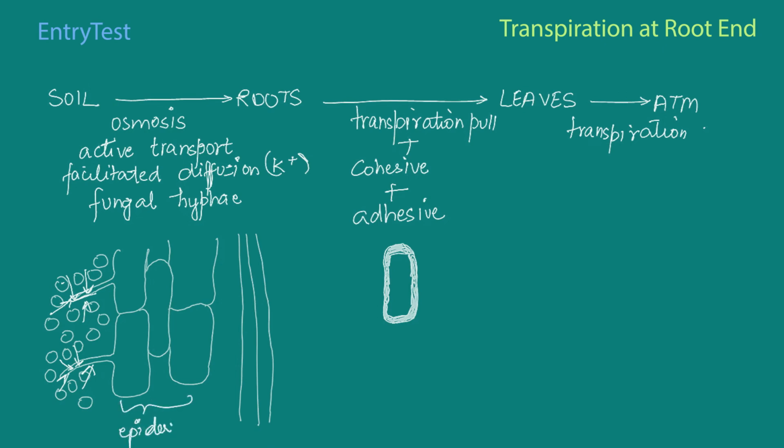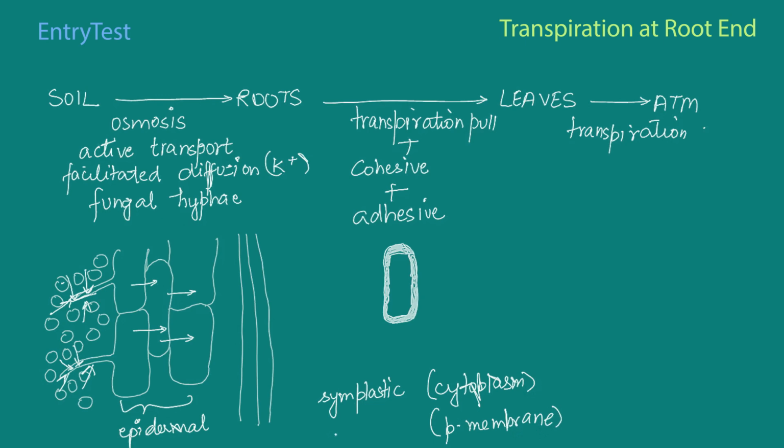Just remember, when the transport takes place through the cytoplasm directly, for example from hair to hair, that is known as symplastic movement. Symplastic is always direct through the cytoplasm, but when it goes through the plasma membrane, that is known as apoplastic.